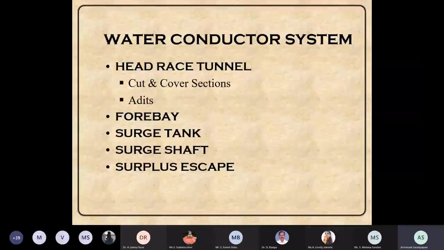To facilitate this excavation, we will have this adit at the intermediate portions. And the forebay and surge tank, I will explain below. It's a very important section. Forebay, surge tank, surge shaft, and surface escape, this everything will cover the same thing that I will explain below.